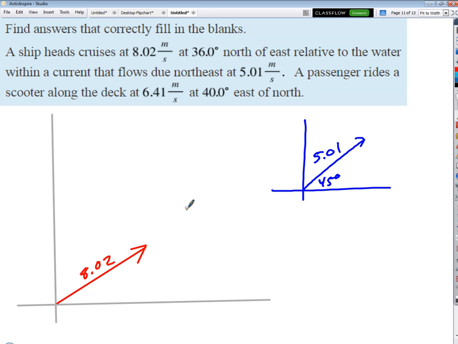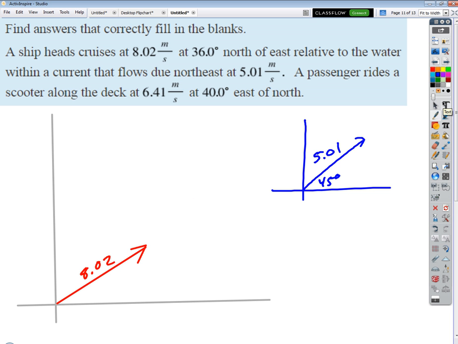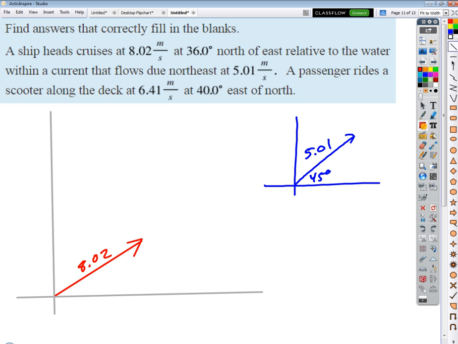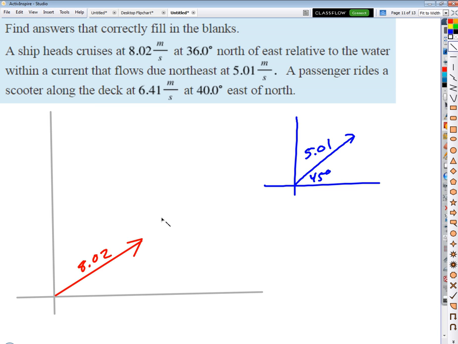You can do that with vectors, by the way. Vectors, you can slide them around wherever you want to. When you need to add them up, they must be slid so that they're tip to tail, right? Maybe something like that.